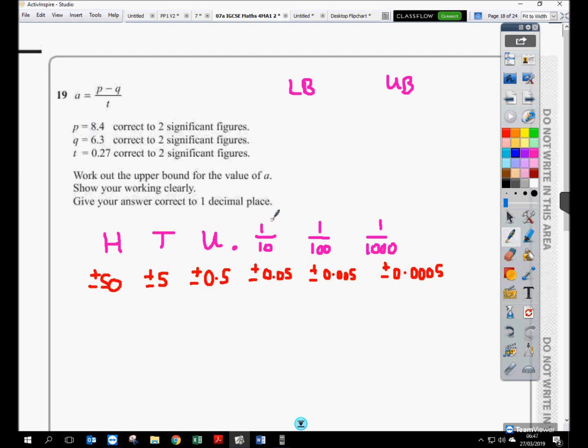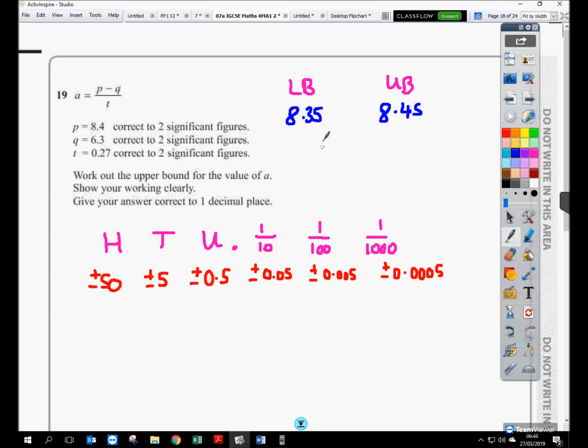It's been rounded to two significant figures. We can see that the furthest it goes is to the tenths column, one after the decimal point. So it can be 0.05 either side. If you add 0.05 to 8.4, we end up with 8.45. And if we subtract 0.05 from 8.4, we end up with 8.35.